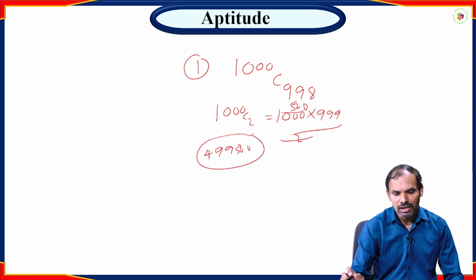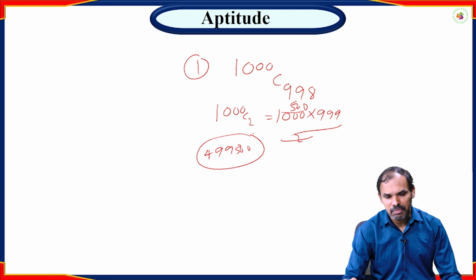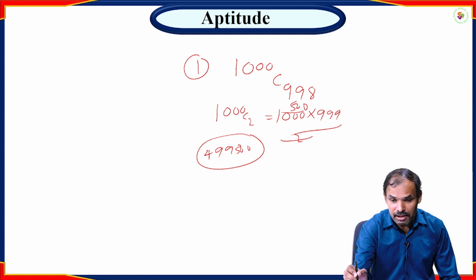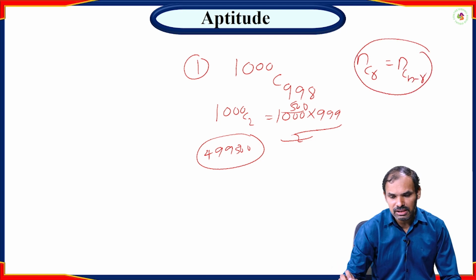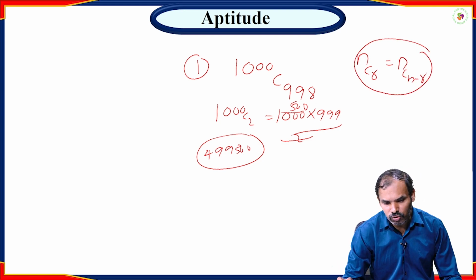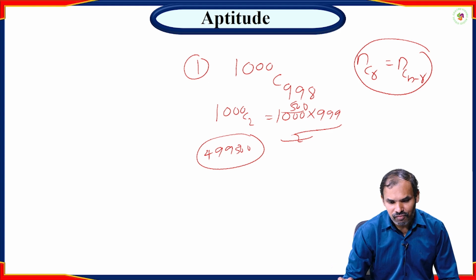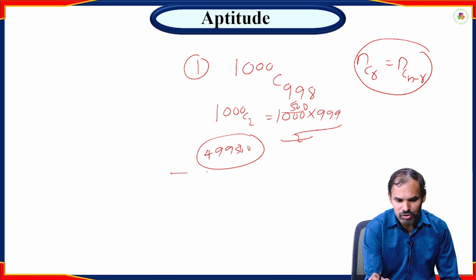Simple calculation. So 1000C998 is 1000C2 according to the formula nCr equals nC(n minus r). This is the first important question.